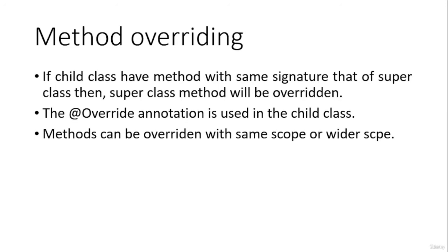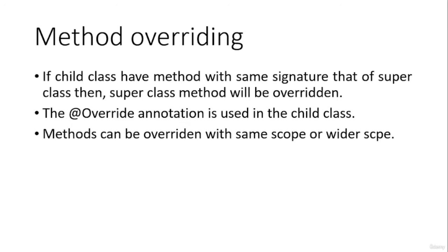If you write a method in the child class the same as in the super class, then the method will be overridden and the child class method will be invoked.